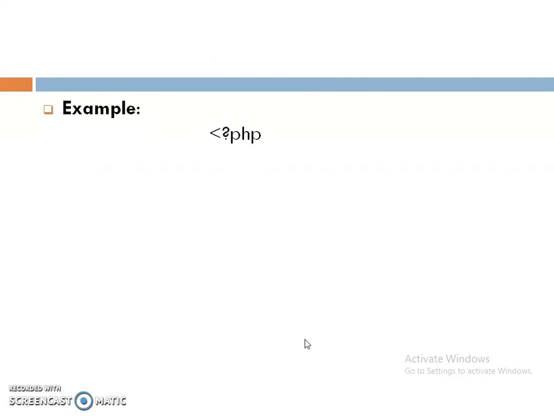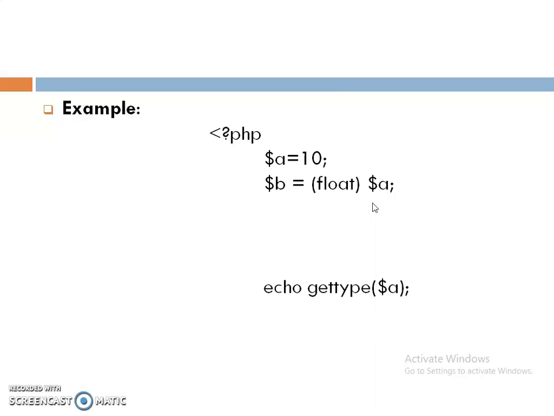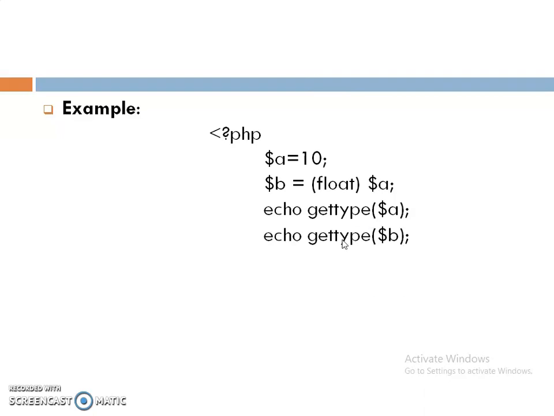Example, in a PHP script, $a is equal to 10. It is an integer type of variable. Now $b is our new variable is equal to (float) $a, where float is the new data type for $a. Now we are going to print the data type of $a, so we are using the gettype function. So echo gettype($a).